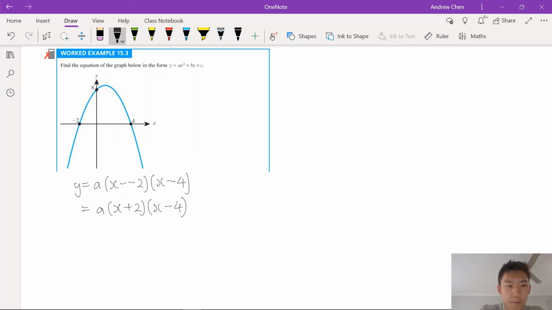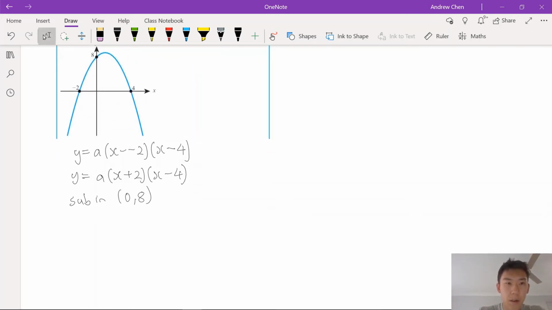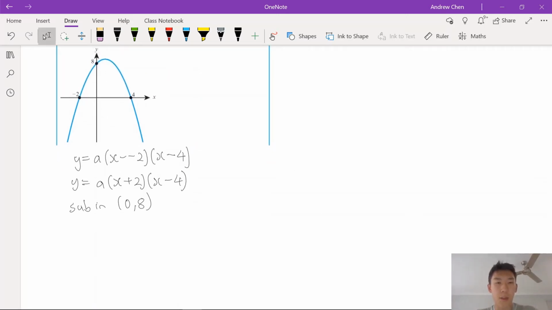Now, let's sub in the point (0, 8). Alright, so let's just use the other point that we found, sub it in to find a. So it's going to be 8 equals a outside of (0 plus 2), which is 2, times (0 take 4), which is negative 4. So that's 8 equals negative 8a, so a equals negative 1.